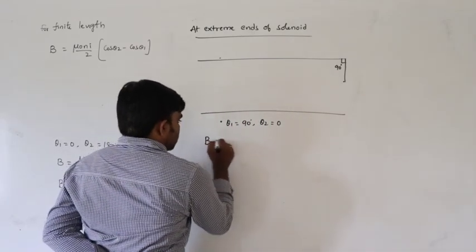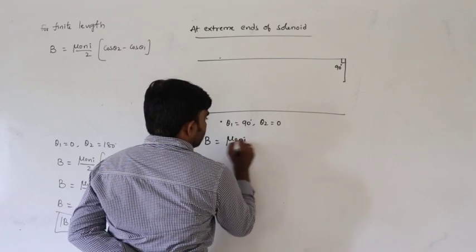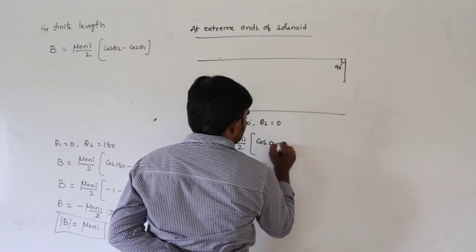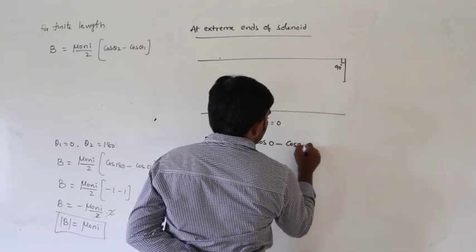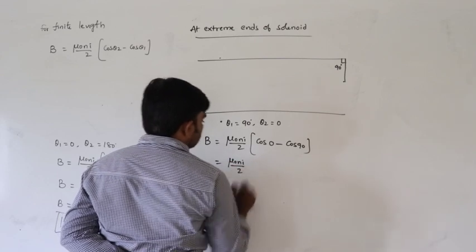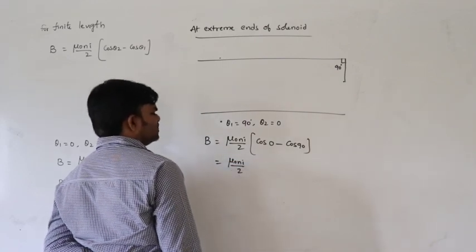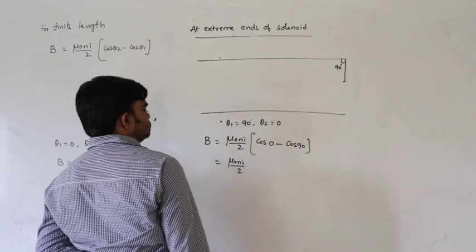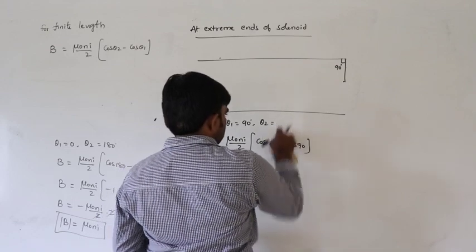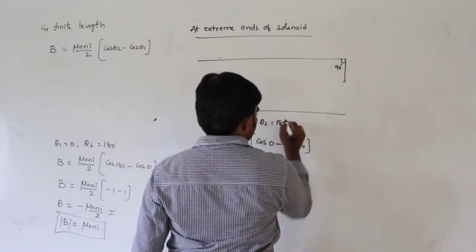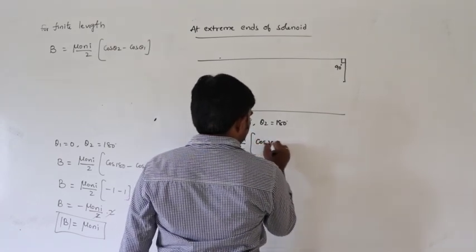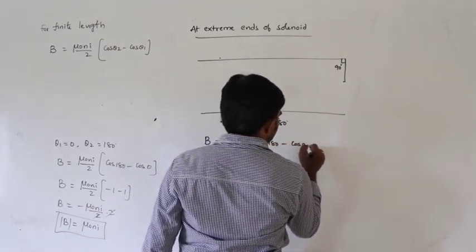So B can be written as mu naught Ni by 2 into cos 0 minus cos 90. So that is equal to mu naught Ni by 2 into, here theta becomes 180, cos 180 minus cos 90.